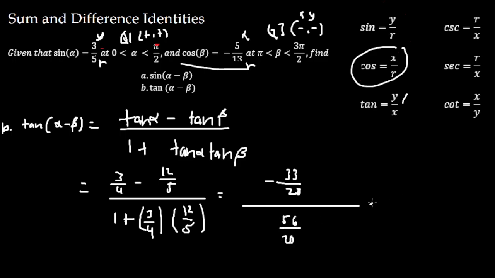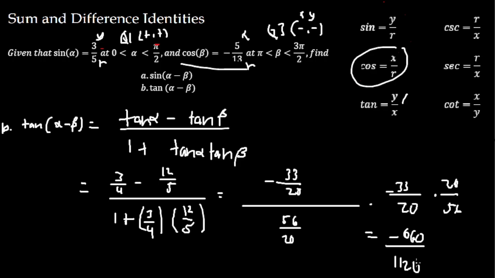Now, let's simplify by multiplying this with the reciprocal of this. So negative 33 over 20 multiplied by 20 over 56. Negative 33 times 20 is 660, over 20 times 56, which is 1120.